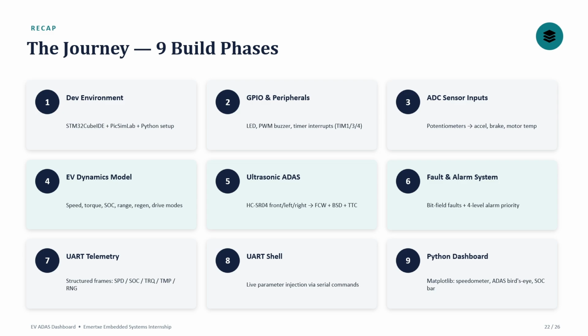Next, we built the actual EV logic: speed, torque, battery, and driving mode. Then we added an ultrasonic sensor for collision warning and blind spot detection. After that came the fault and alarm system, which flags problems using priority levels. Finally, we sent all this data over UART to a computer, added a command shell to control it live, and built the Python dashboard to visualize everything in real time.